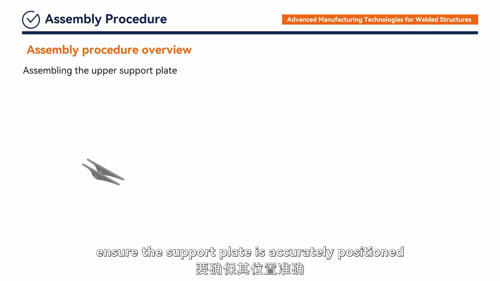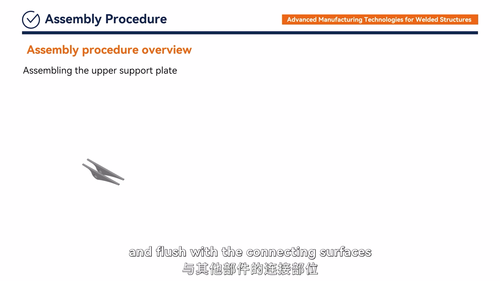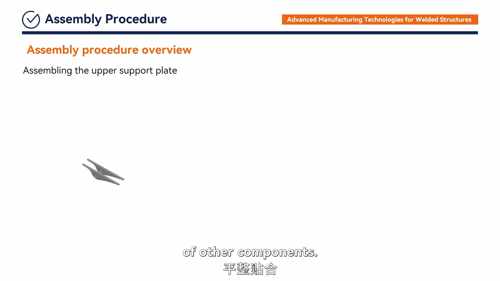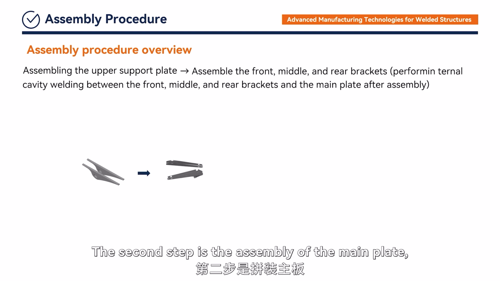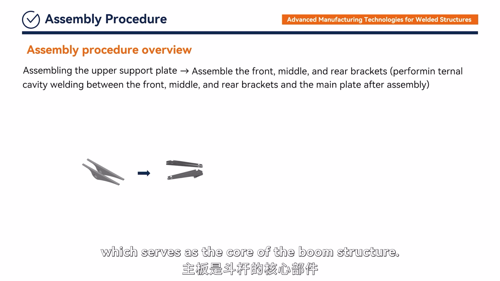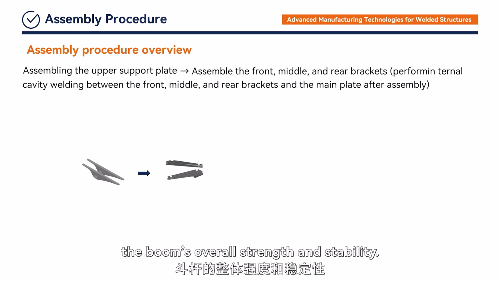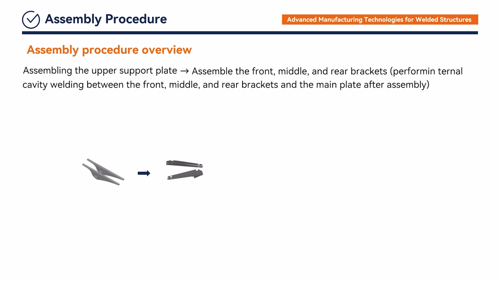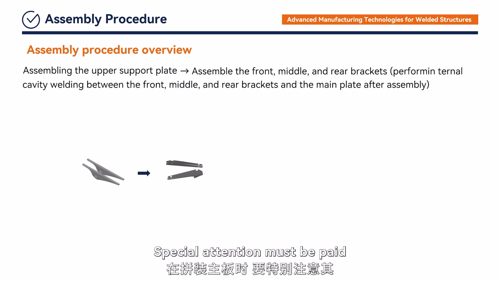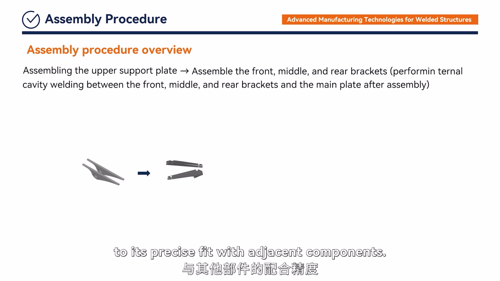During this step, ensure the support plate is accurately positioned and flush with the connecting surfaces of other components. The second step is the assembly of the main plate, which serves as the core of the boom structure. The quality of this assembly critically affects the boom's overall strength and stability. Special attention must be paid to its precise fit with adjacent components.